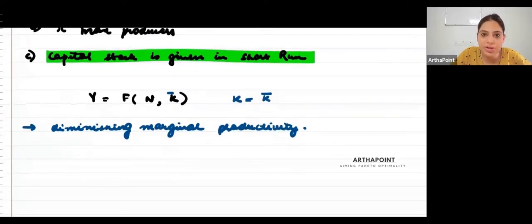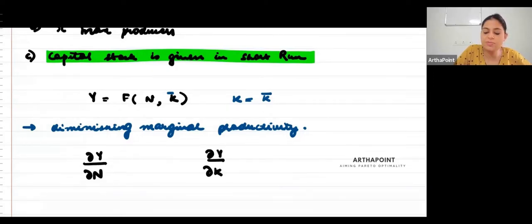Diminishing marginal productivity means that marginal productivity in itself is positive, but it is declining. So what is marginal productivity? When you differentiate your production function with respect to labor and your production function with respect to capital.